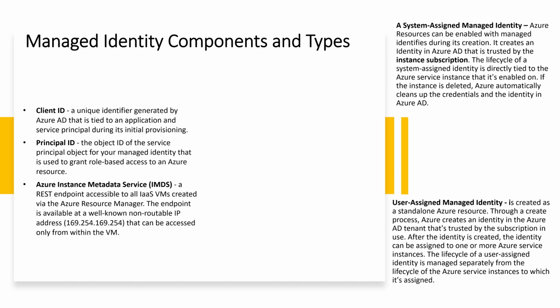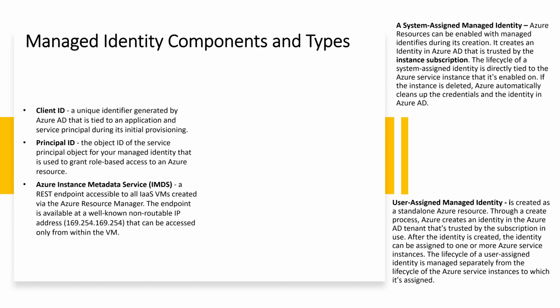That's very important to know. Alternatively, you can also have user assigned managed identities, where you create an identity as an Azure resource, right? By the way, when you do this, you don't even have to go to Azure Active Directory to create them, right? So this is the interesting part of this proposition here.